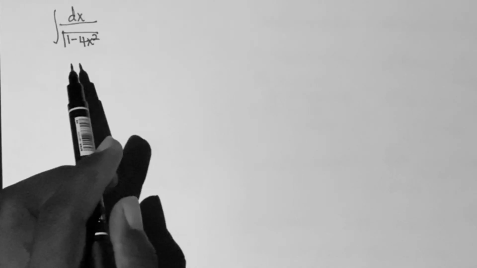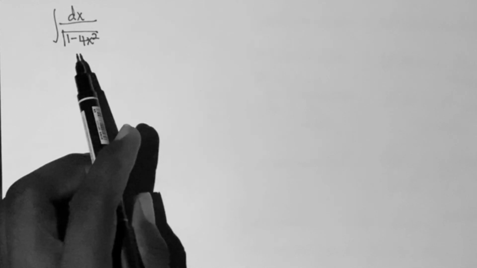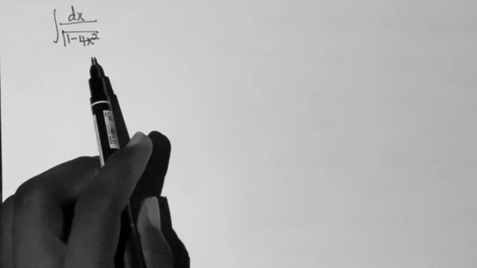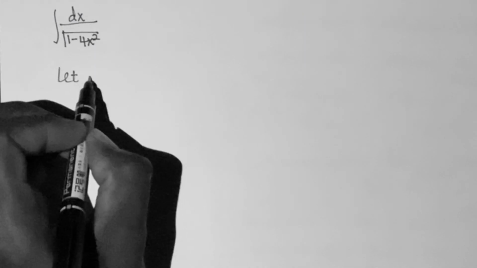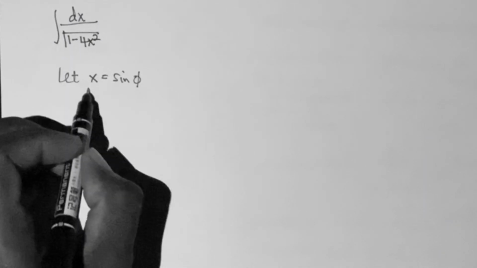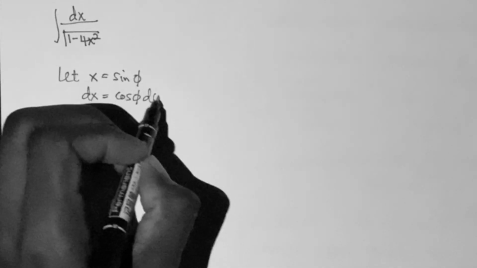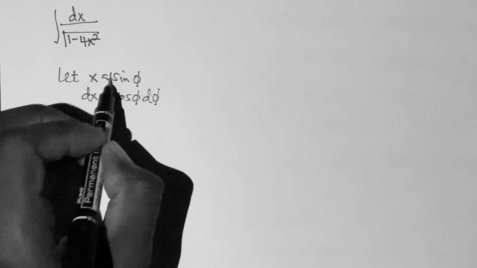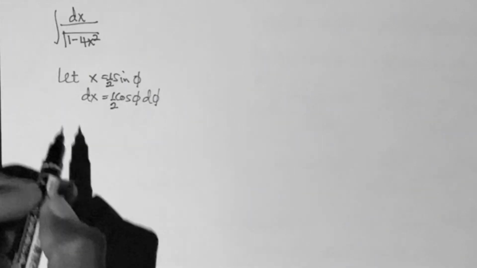This one too, we are supposed to evaluate the integral of dx divided by square root of 1 minus 4x squared. So now let's let x be equal to sine phi. So dx is equal to cos phi d phi. Sorry, I want to put a half here, so dx is going to give us half.